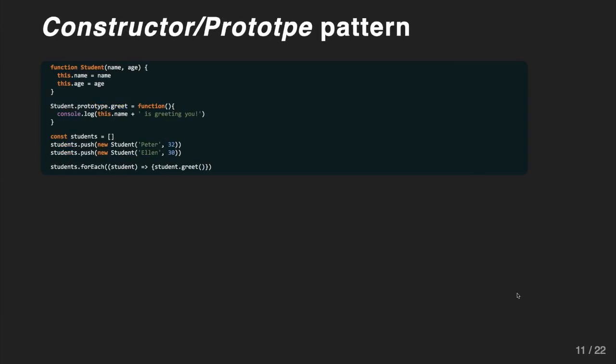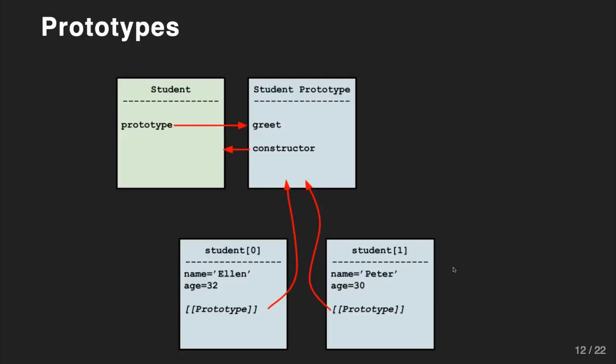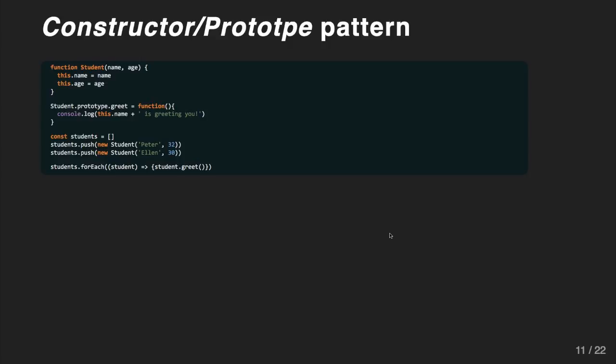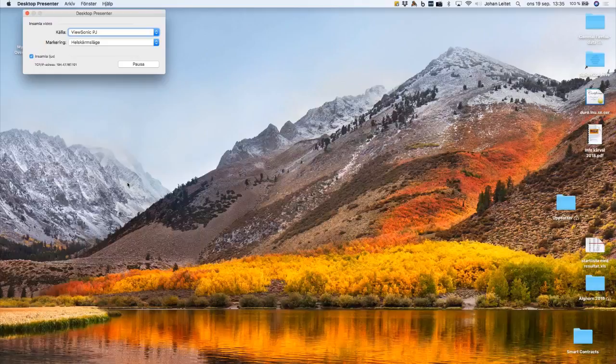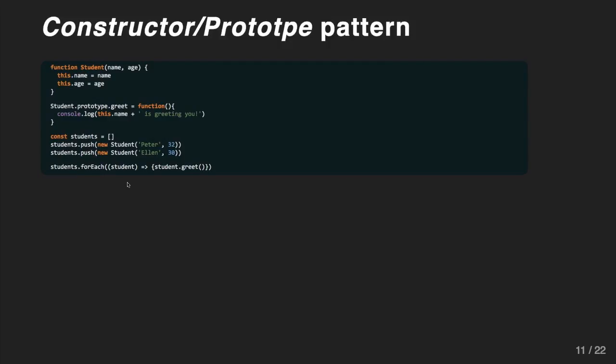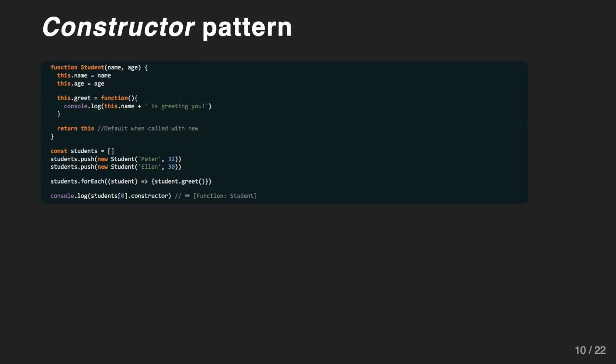So let's have a look at what this is then. When I create instances of objects, they all have a constructor function. And we can reach that constructor function by, if I go back to this. I didn't say this before.